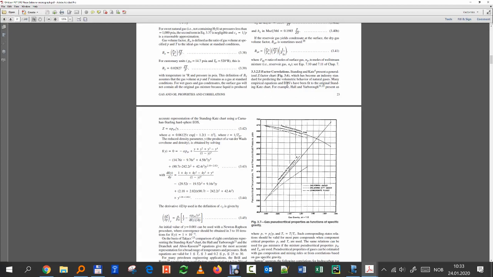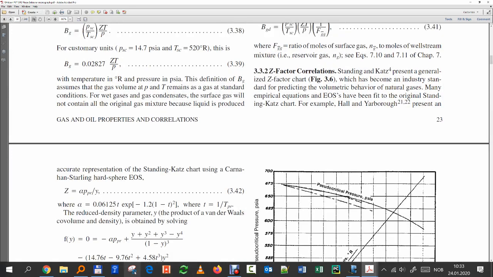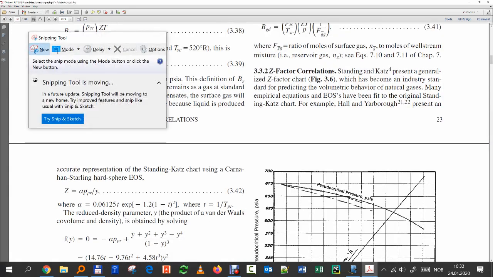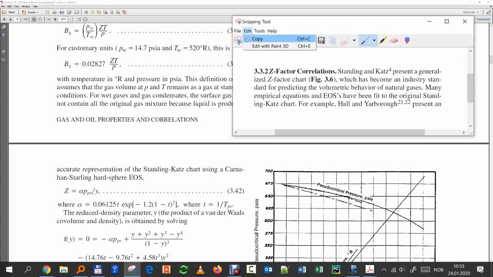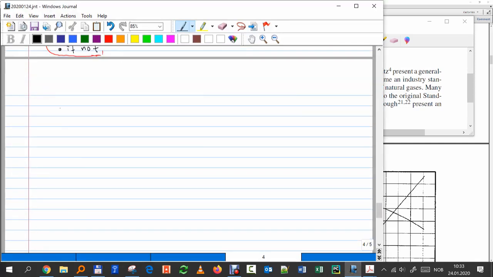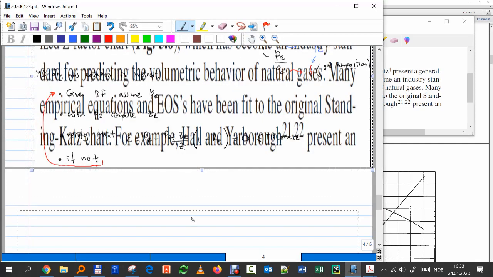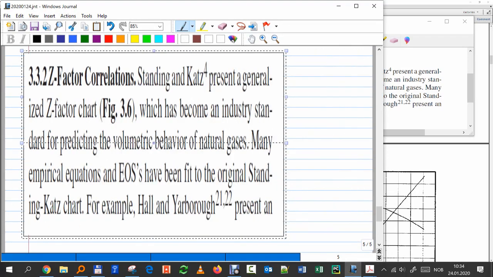But if you want to understand how it is done, I suggest you read that section in the monograph of Curtis. We're not going to be using the chart, we're going to be using this procedure, and it has been programmed for you already in Excel.